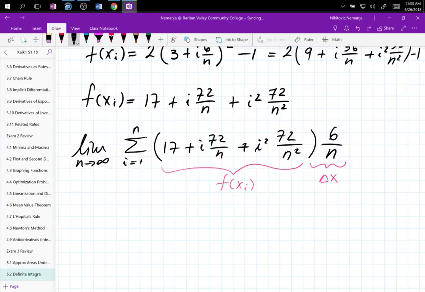Now I distribute 6 over n, split into sums on all of these pluses, and then work out the formulas, and we're done. So split, now the parenthesis has to go on outside. i goes from 1 to n, and just 17, oh no, 6 times 17. Is that 102?